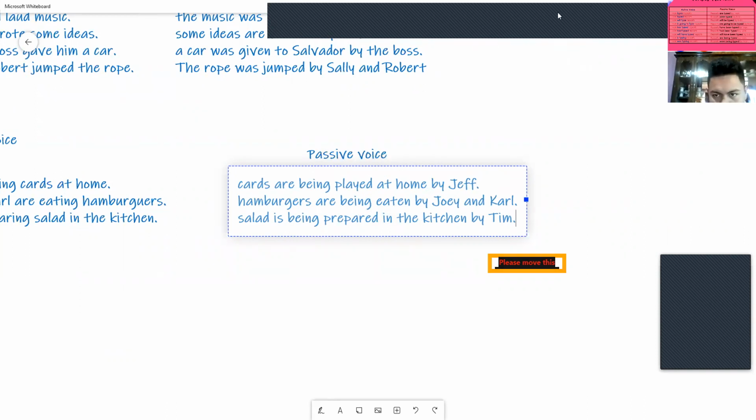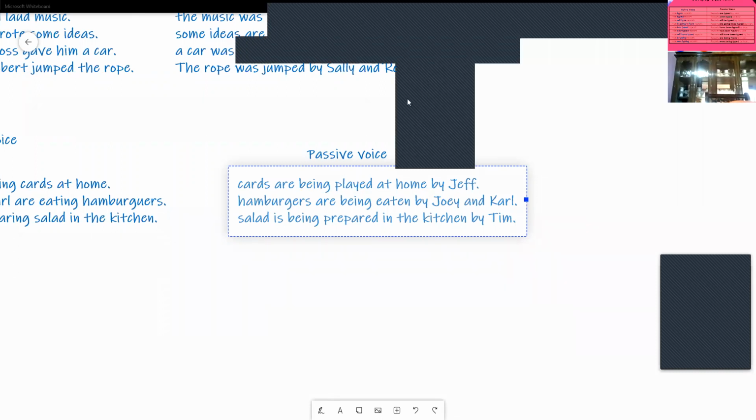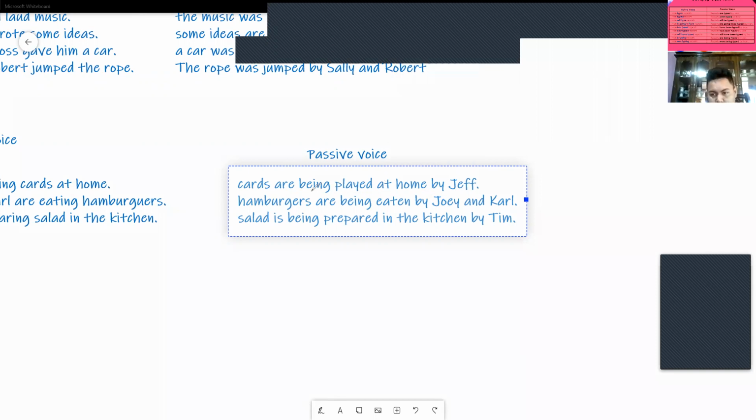In this activity, we were identifying the passive voice, or the verb in passive, using are being played. Okay. Are being eaten. Is being prepared. Okay.